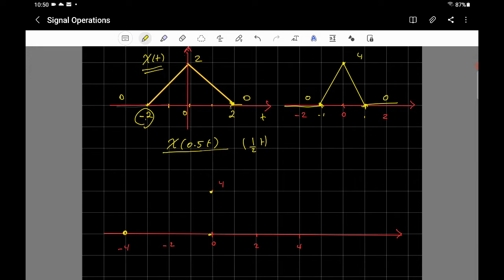And 2 becomes 4, and the value is equal to 0, 0 to the right and 0 to the left, and then you connect your triangle. And you get the expansion for x of at when a is less than 1.